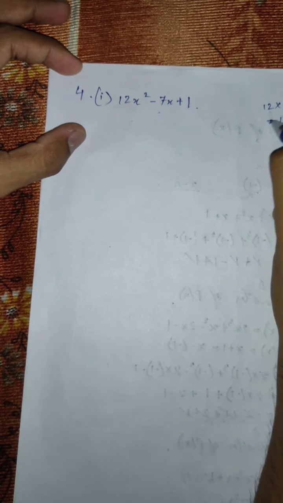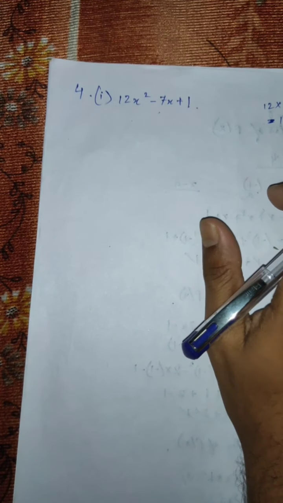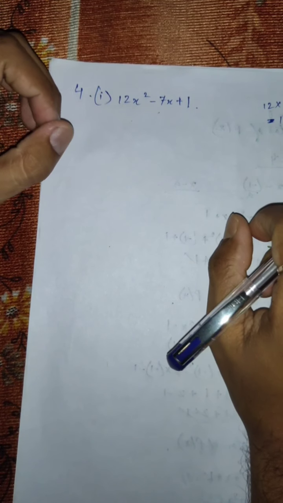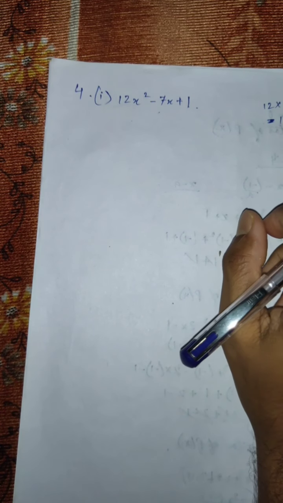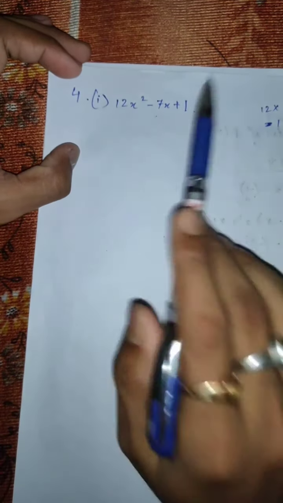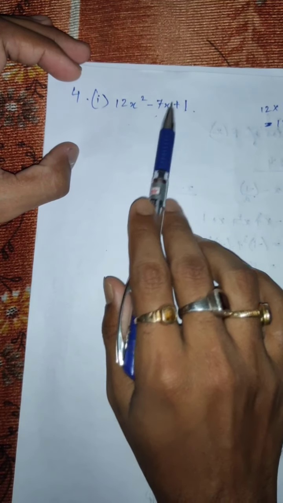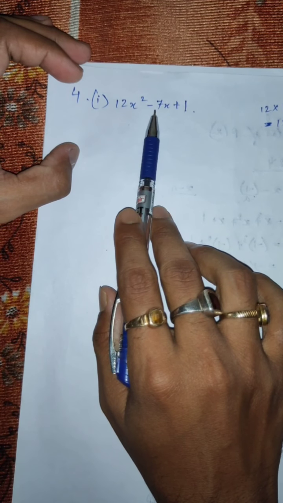Right? Now we shall factorize 12 and choose two factors among the factors, in such a way that if we add these two factors, we shall get the 7.